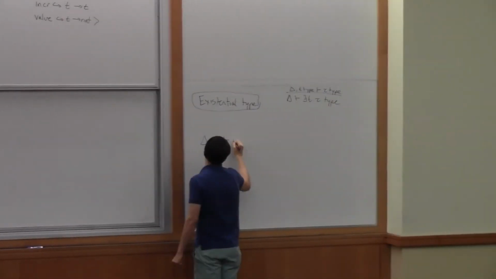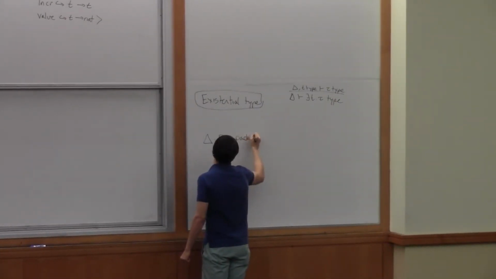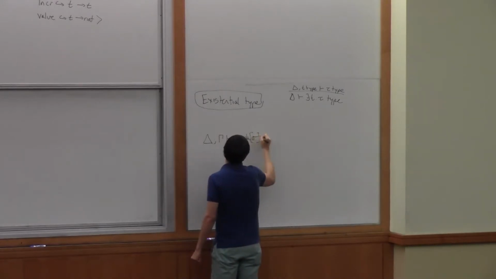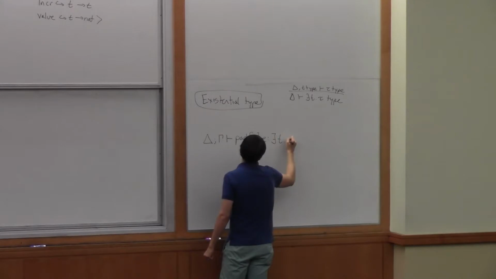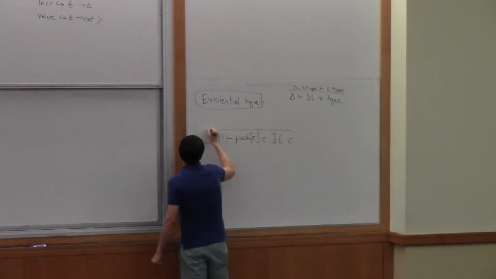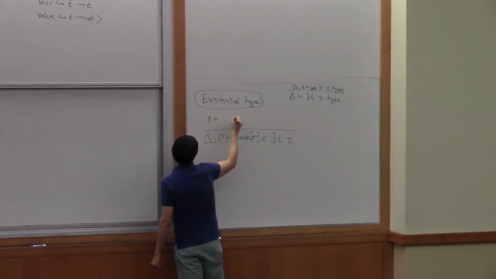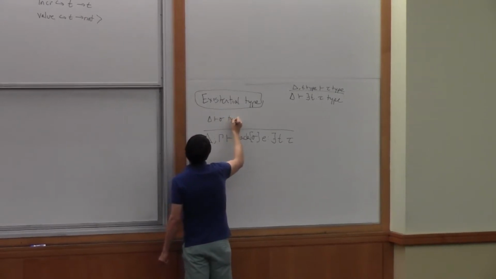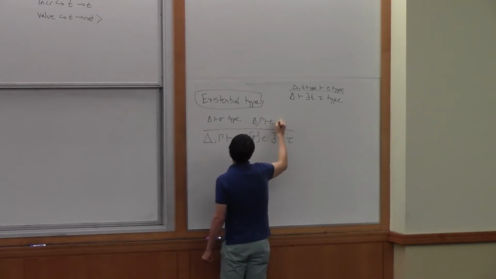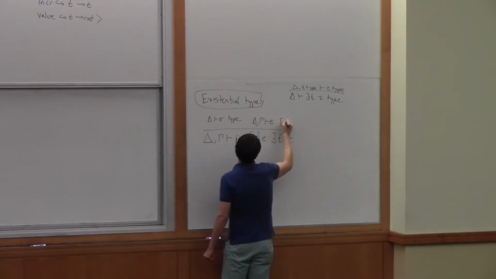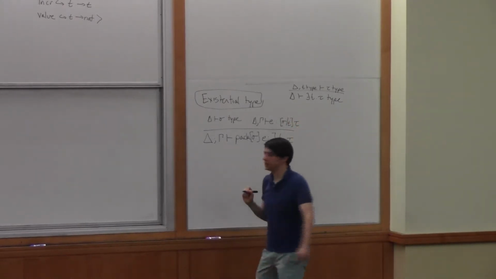Delta gamma proves pack sigma e has type exists t dot tau if delta proves sigma is a type and delta gamma proves e has type sigma for t in tau.